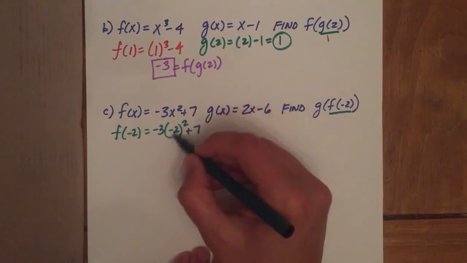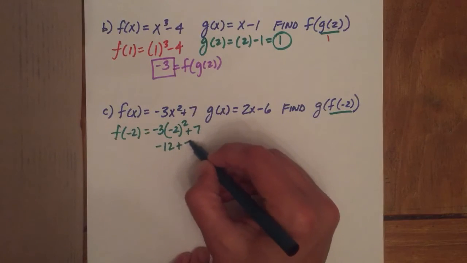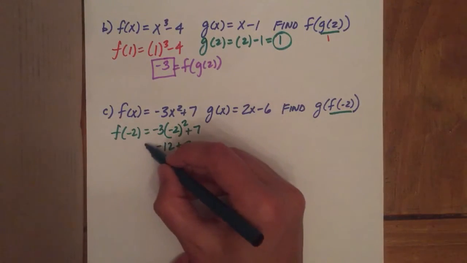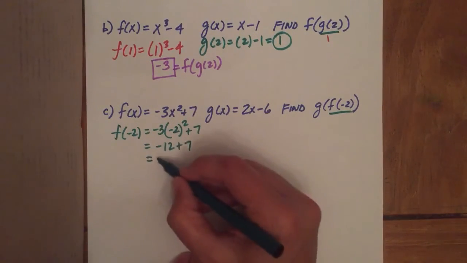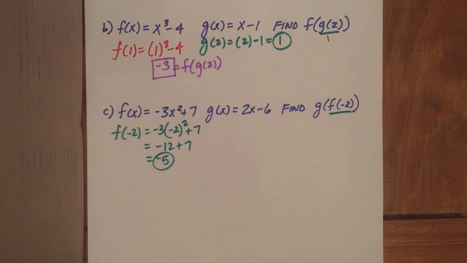Negative 2 squared is 4, and negative 3 times 4 is negative 12, plus 7, and that is going to equal negative 5. So when I plug in negative 2, I get negative 5.